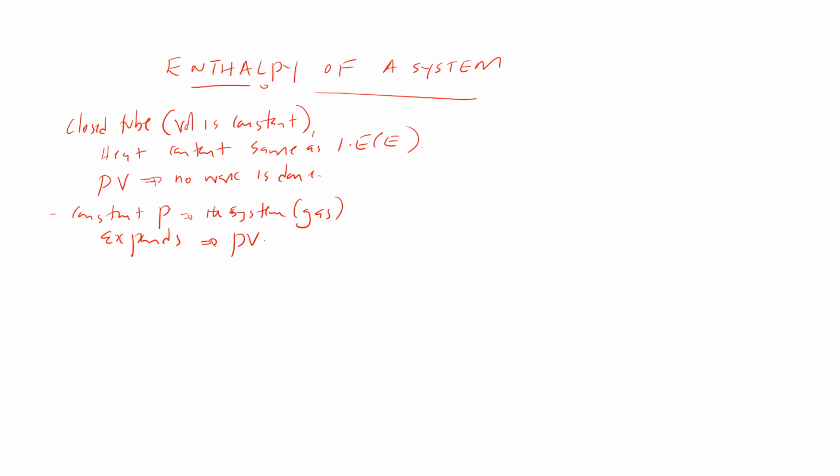And so the total heat content of a system at constant pressure, okay, the total heat content of a system at constant pressure, so pressure is constant, is equivalent to the internal energy plus the pressure volume work.